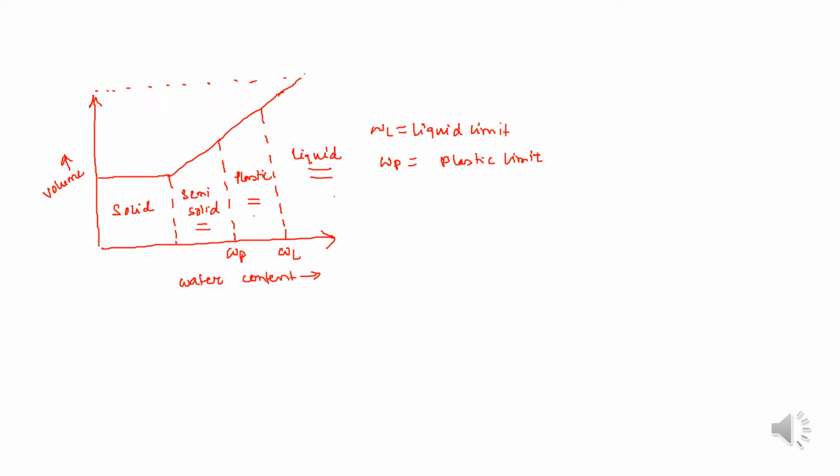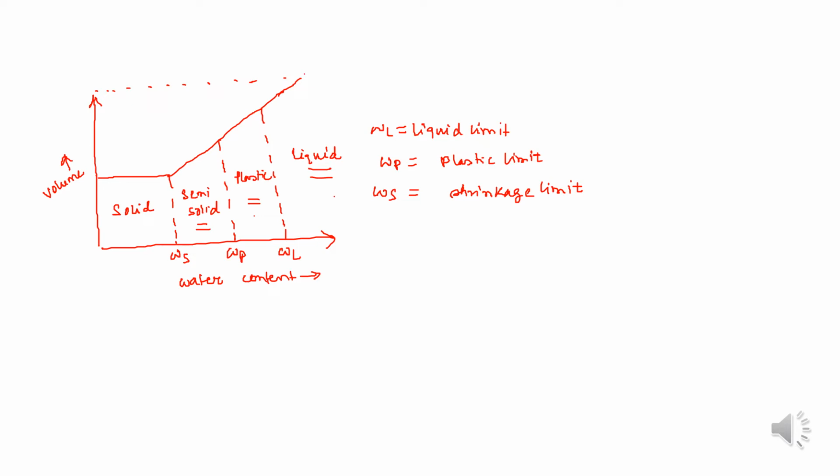But there exists a boundary water content, which we call WS, or the shrinkage limit. Reducing the water content below this brings about a state in the soil when the volume of the soil mass does not decrease any further.